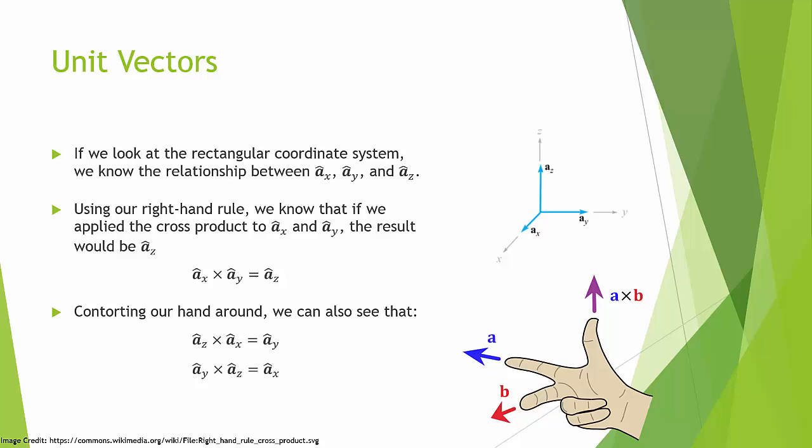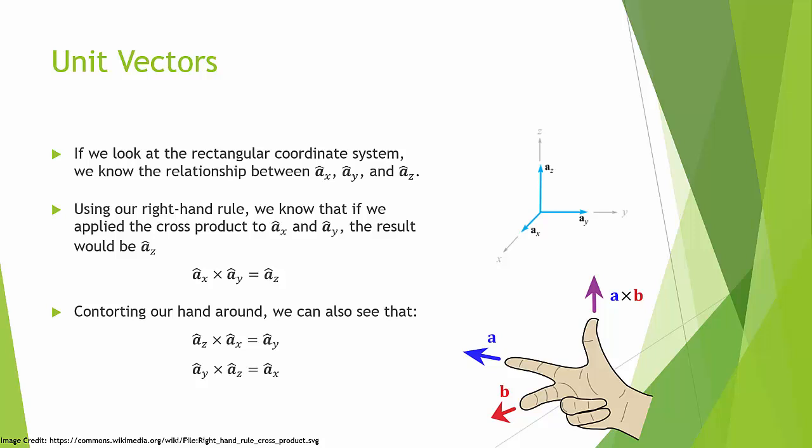And if we use our right-hand rule, which we've been using so far in this whole lecture set, we know that if we apply a cross product from a hat x to a hat y, putting your index finger along a hat x, your middle finger along a hat y, your thumb will point in the resultant vector. There's your cross product. It results in a hat z.